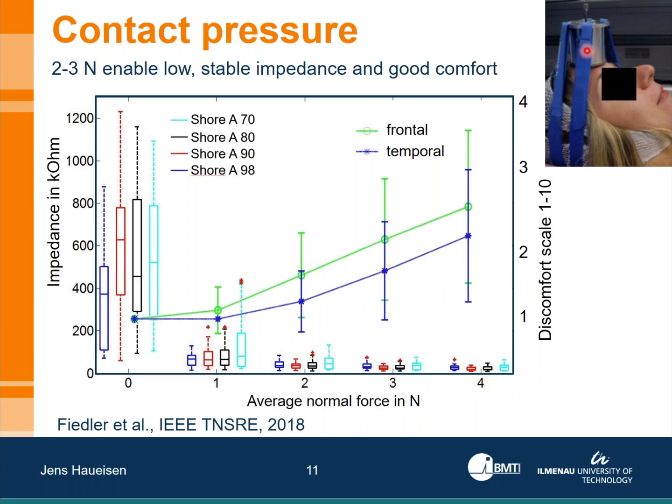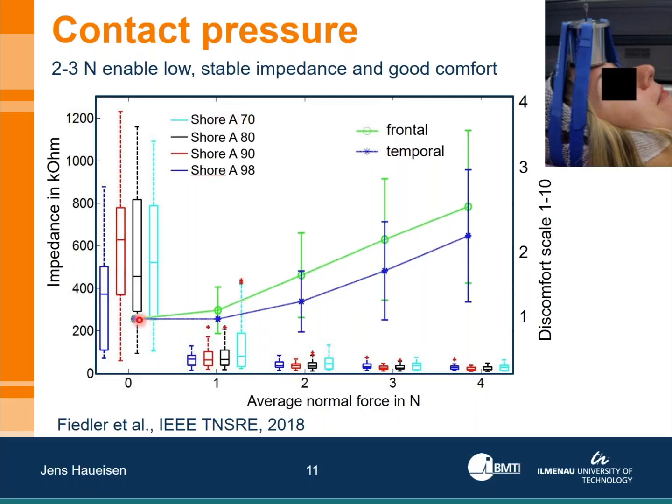You see actually on the upper right the device for doing that, and a subject having this on the frontal position, and we also did, this is in blue, the temporal position. And we did different Shore hardnesses, that is the hardness of the electrode. So a 98 is quite hard, a 70 is relatively soft.